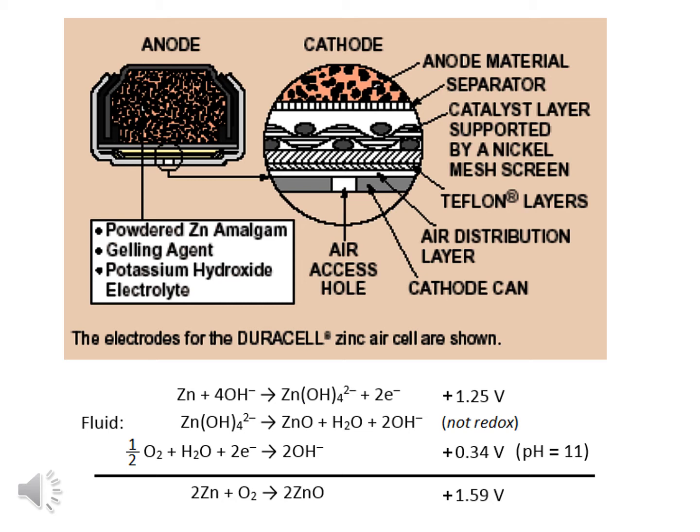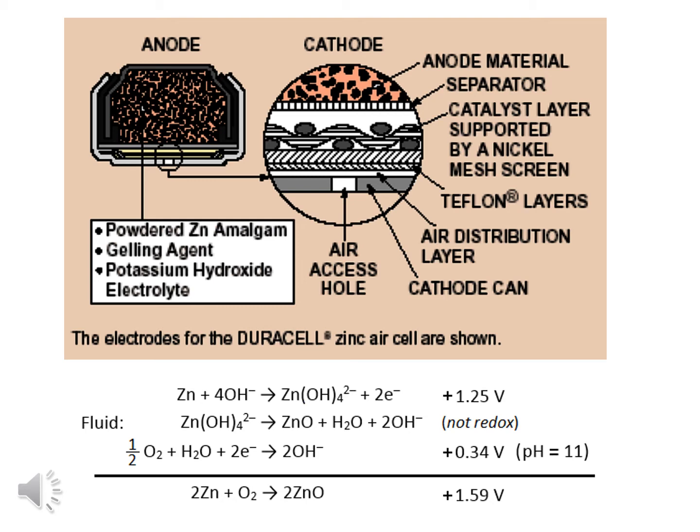I showed you the half reactions down below. It actually involves forming a zinc complex, but the point is it's still the zinc that's losing the electrons, and this time it's the oxygen from the air that gains them. And of course, you never run out of oxygen in the air, and so this is how these batteries are made now.